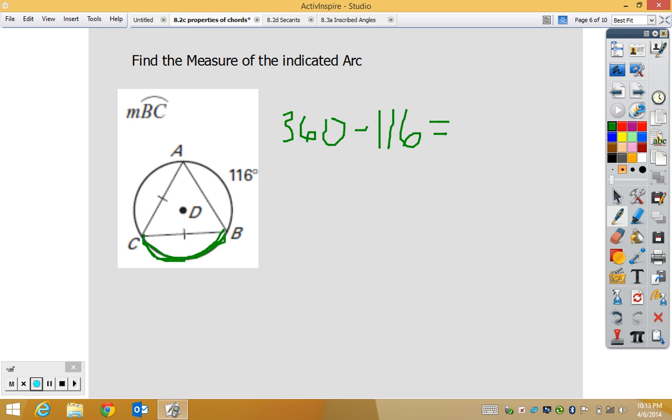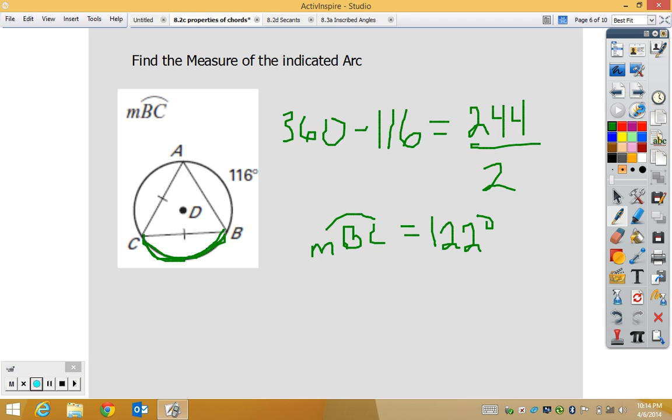That gives us 244. So that's what we have between the two, and since they're congruent, we divide 244 by 2, and we get the measure of arc BC equals 122 degrees.